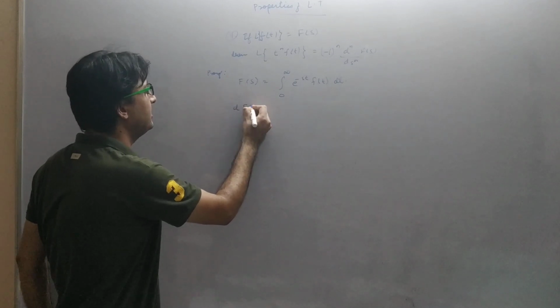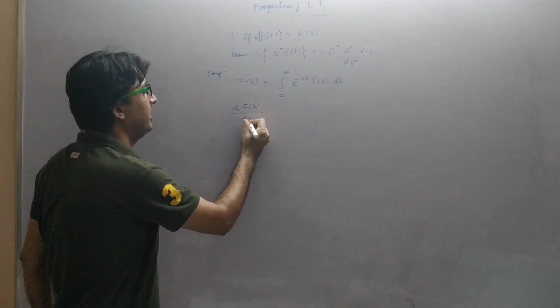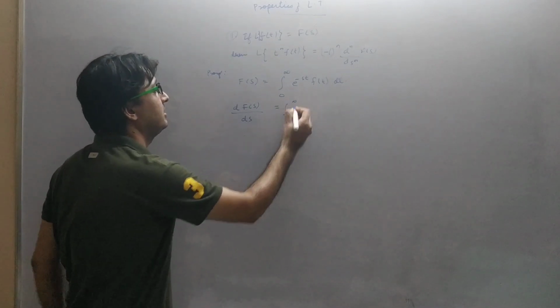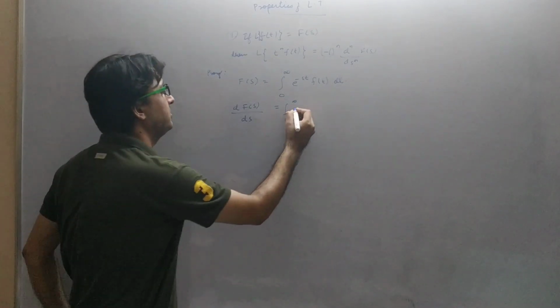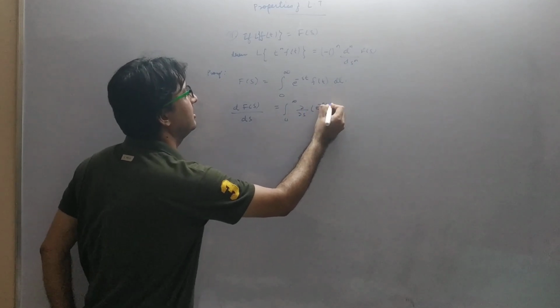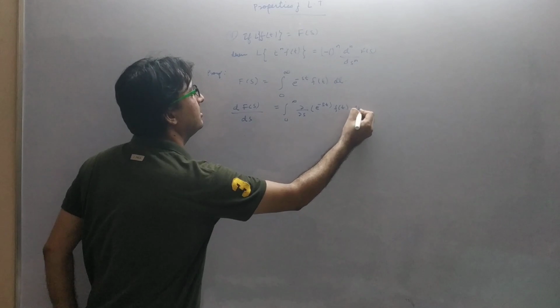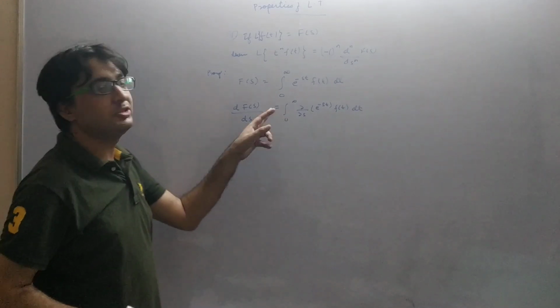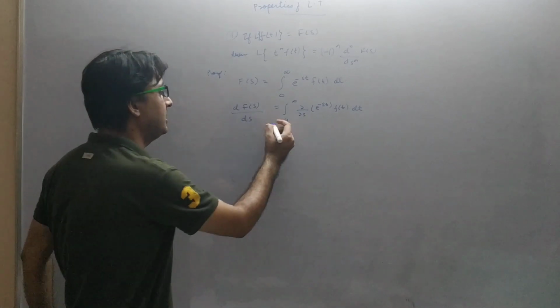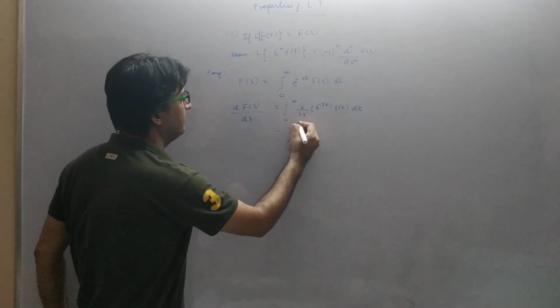Now we are going to take the derivative with respect to s. Here we are going to write del by del s of e to the power minus st f(t) dt. Now this is the Leibniz rule we are using, differentiation under the sign of integration, which we have studied in calculus.